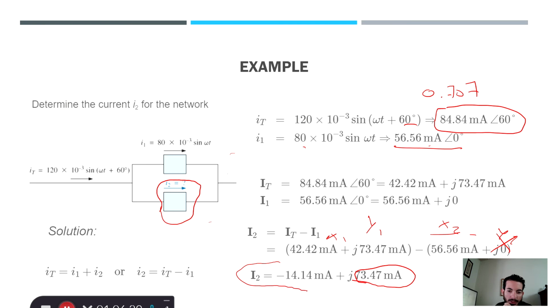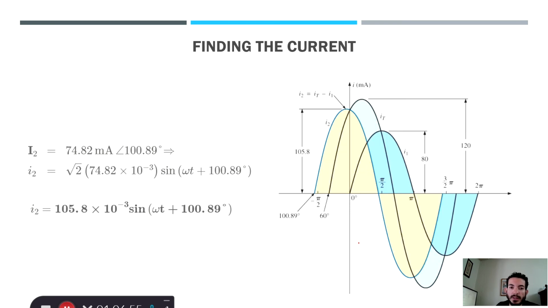When we get the answer, we're going to do the square root of both terms. It's going to be a positive number because we're doing the second power of each number. So 14 times negative 14 is going to give us a positive number.